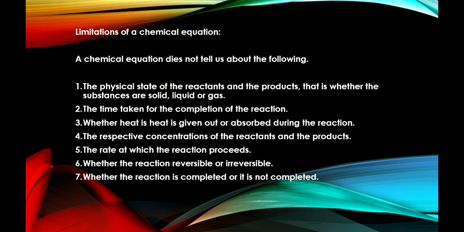Second one, the time taken for the completion of the reaction cannot be known. Third one, whether heat is given out or absorbed during the reaction cannot be known. Fourth one, the respective concentrations of the reactants and the products also cannot be known.